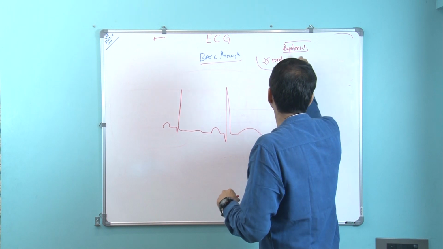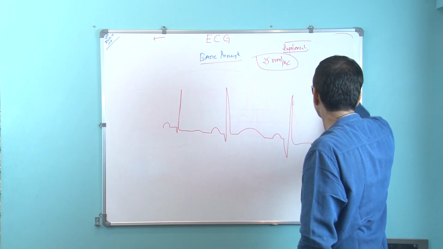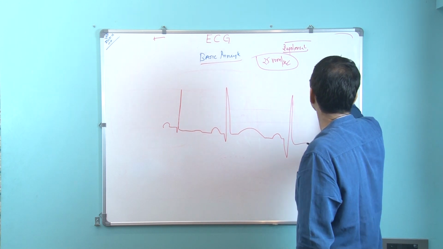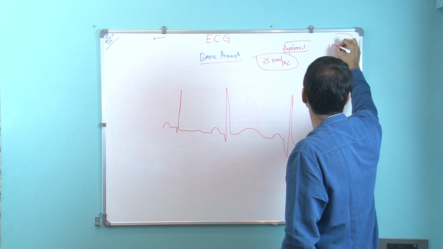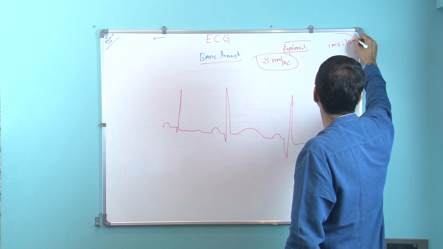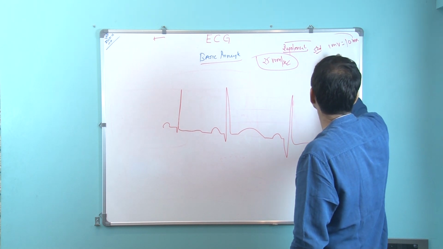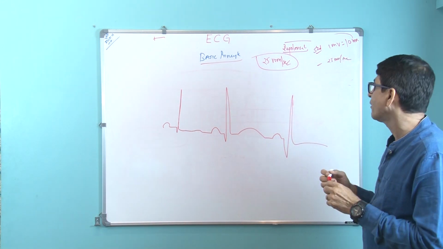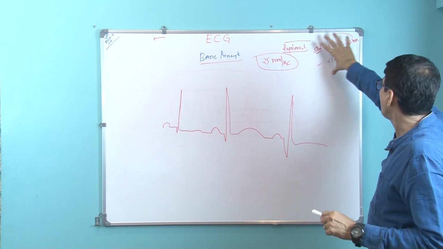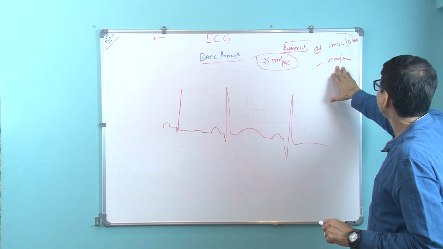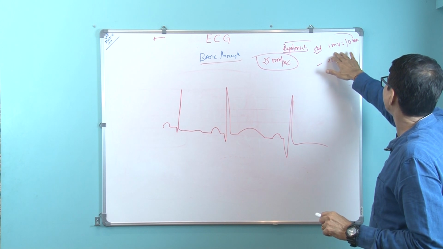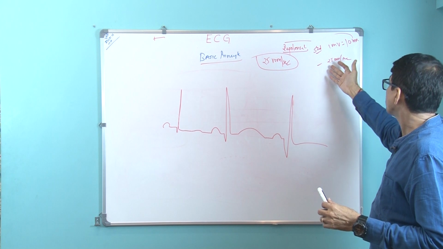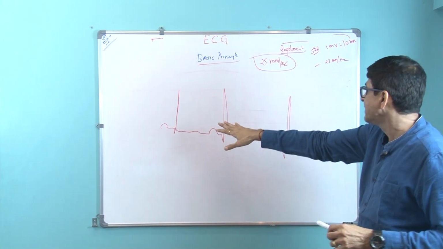Always see two things, written on the paper downstairs somewhere: 25 millimeter per second and 1 millivolt equal to 10 millimeter. This is standardization and this is time. It is written on each ECG paper. Now the latest machines have all the printing, so people just don't pay attention to this, or they don't understand what the 1 millivolt is.